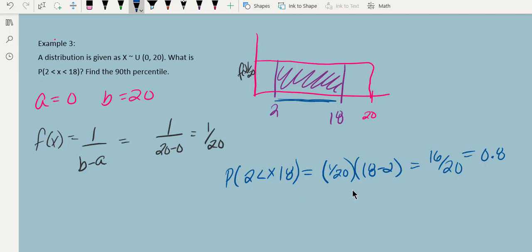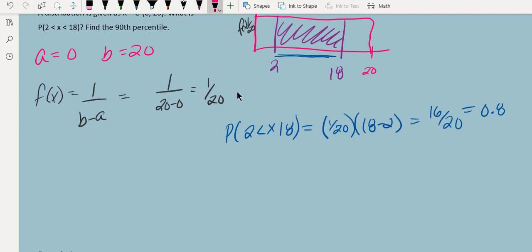Now, the next part of this says for us to find the 90th percentile. Now we have a little bit of extra work we're going to have to do for this one. So to find that 90th percentile, we need to first look at a few things, okay?